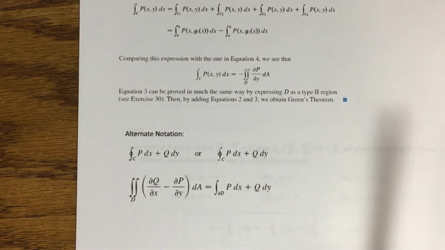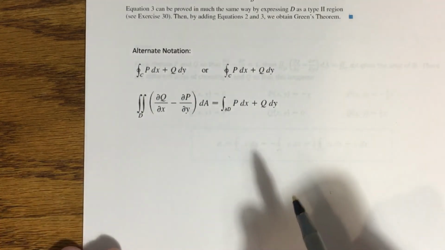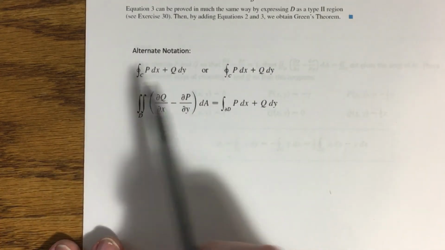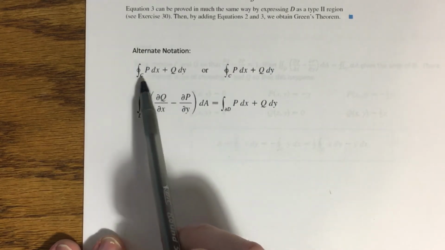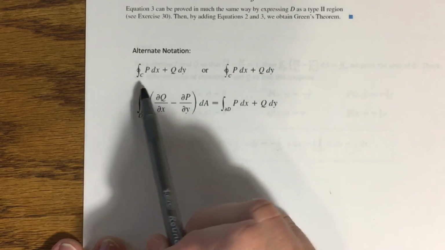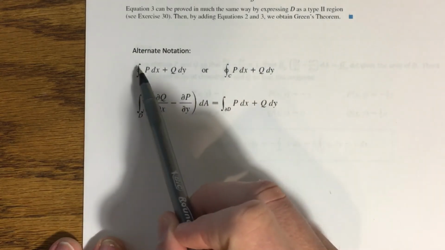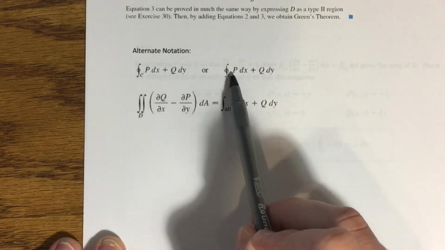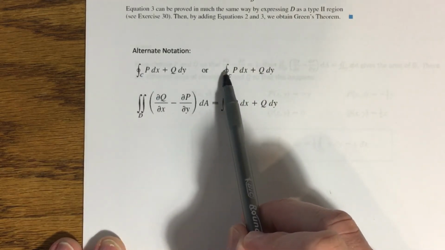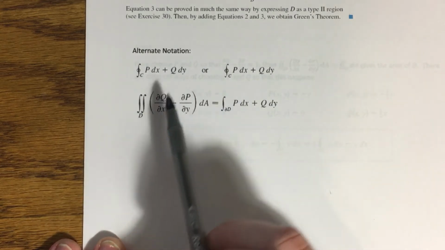Okay? Now with that said, there's some alternate notation that we're going to encounter as we go through some of this work. So I just want to introduce that really quickly. This one shows up here and there, but it's a line integral, and these may look the same to you, but there's a circle right in the middle of each integral sign, and this one has a little arrow pointing down, showing that the orientation of this circle is counterclockwise.